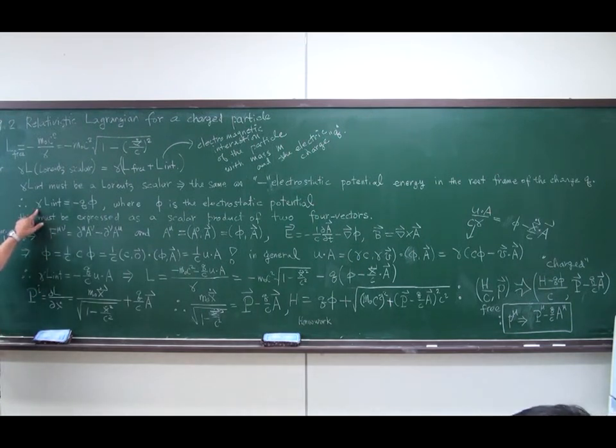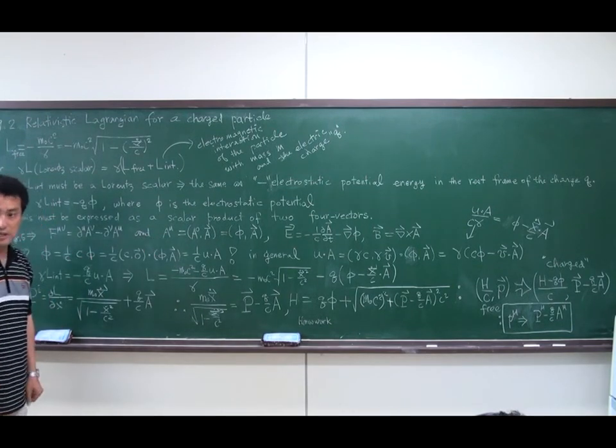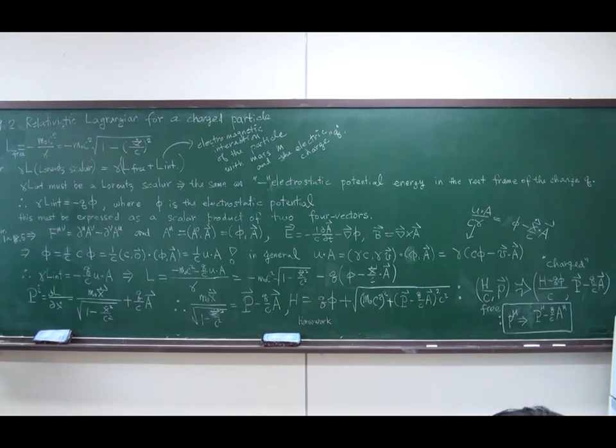So in the rest frame of the particle, gamma L int, that is the Lorentz scalar, we write as minus q phi. And this value must be the same everywhere, right? So why don't we express this q phi in terms of a Lorentz scalar? We know the 4 vector potential A is a 4 vector, and we have to find something to make it expressed as a scalar product of two 4 vectors.